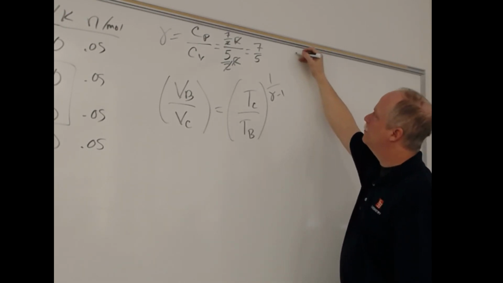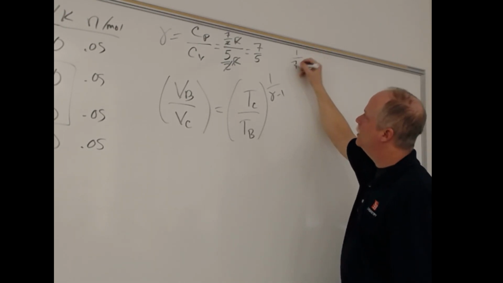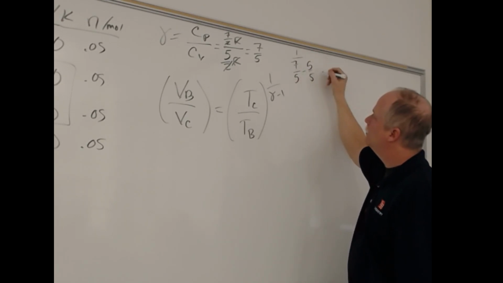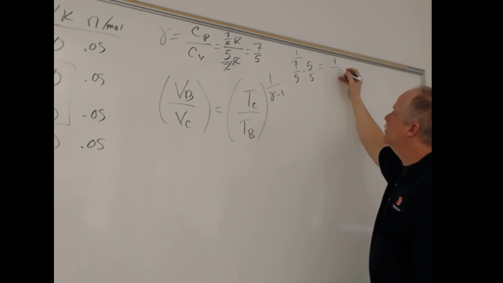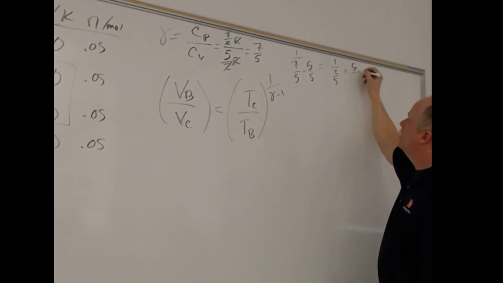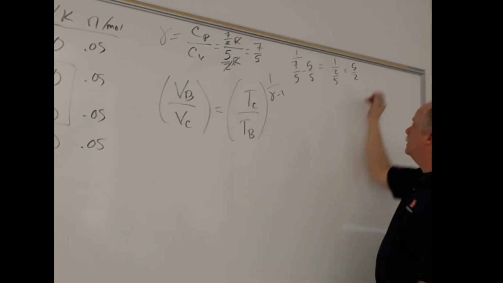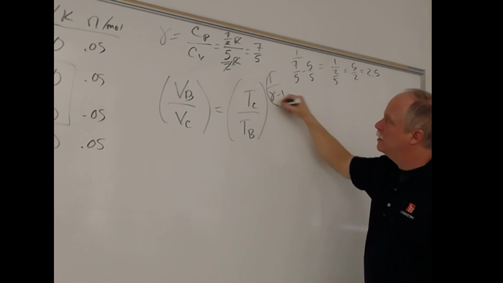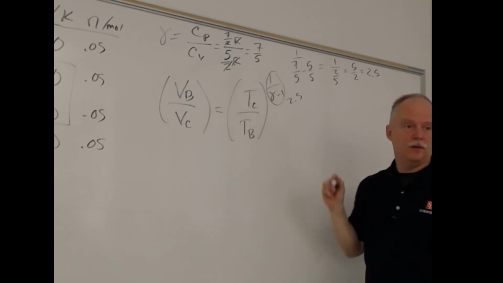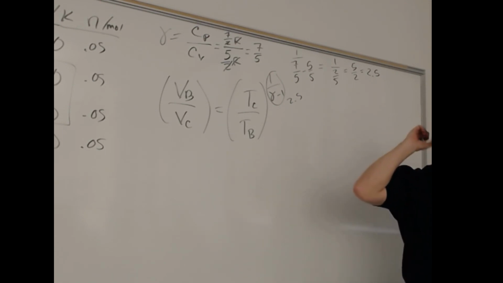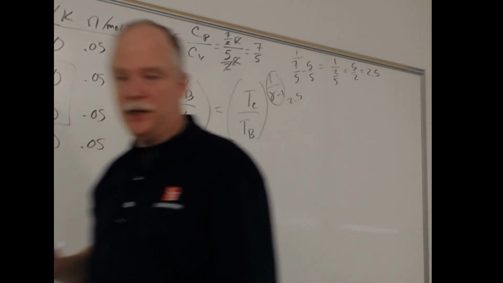So 1 over 7/5 minus 1 is equal to 1 over 2/5, which is equal to 5 over 2, which is equal to 2.5. So this exponent is 2.5. Is everybody cool with that? There are a lot of little quick things with fractions, but that should work.